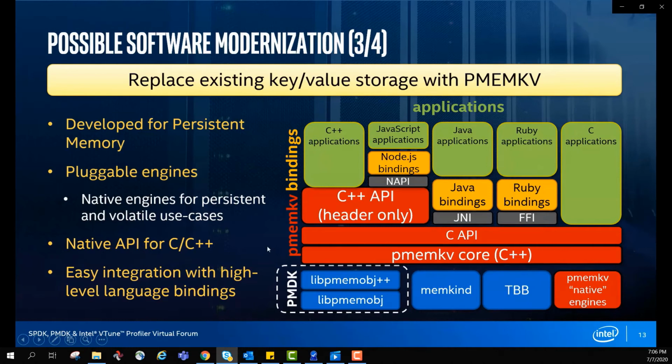So once we have this data, the next question is what we can do with existing software, because we have a lot of legacy software created for block storage devices, for SSDs and hard drives. I have several answers. The first and obvious answer is that we can just run any existing software on persistent memory and use it as a regular storage device.